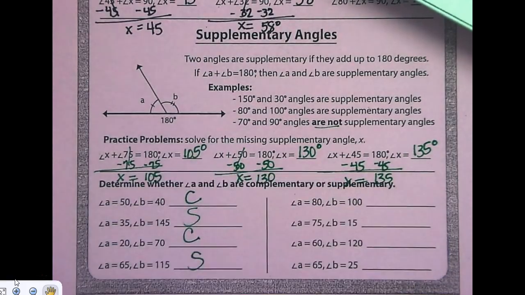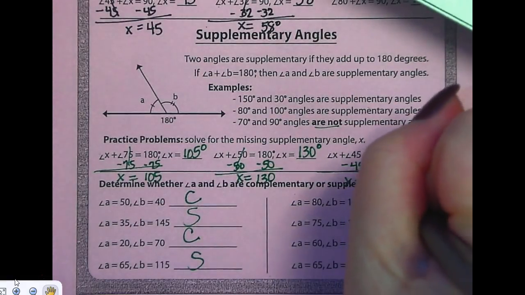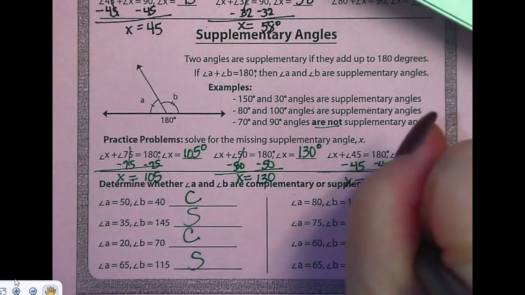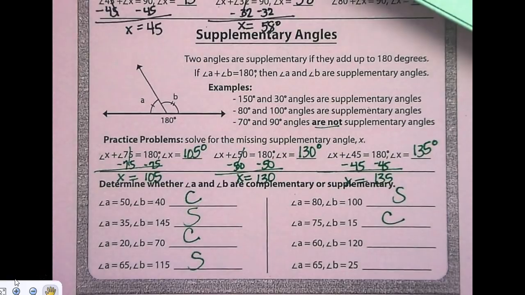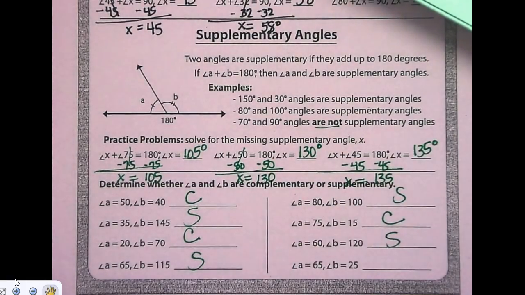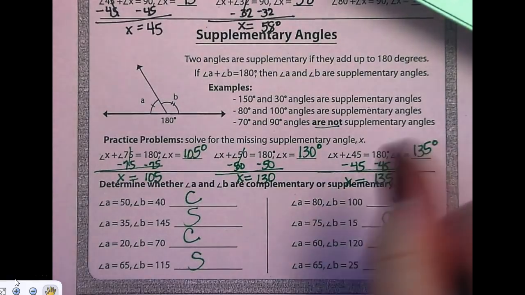There you go, you're getting it. 80 and 100, supplementary. 75 and 15. There we go. 60 and 120. And 65 and 25, complementary.